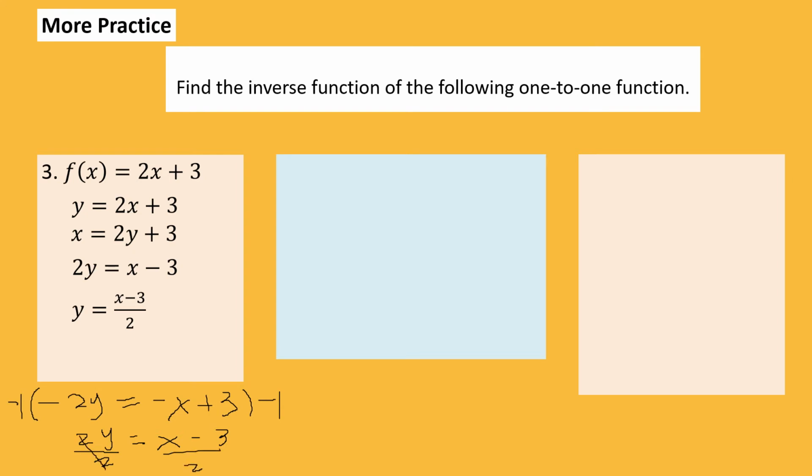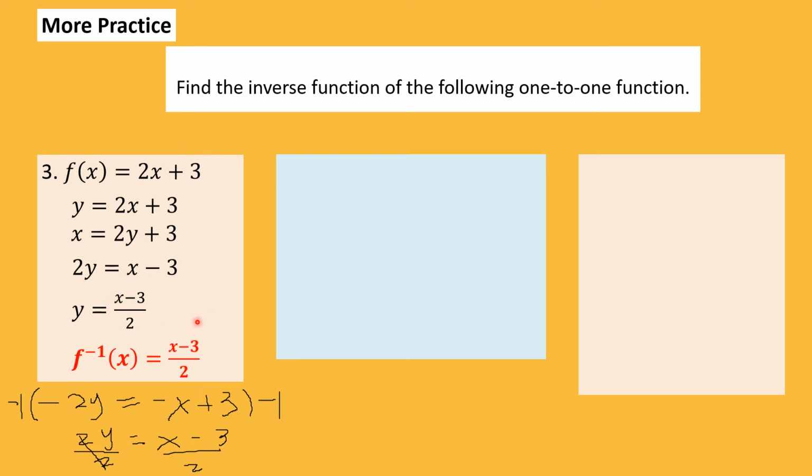Cancel natin to. Therefore, y is equal to x minus 3 over 2. Next, dahil y na nga po yan, i-rewrite na natin siya as inverse function. So, yung f of x ay magiging f raised to the negative 1 of x is equal to x minus 3 all over 2. Yung sagot natin dito.